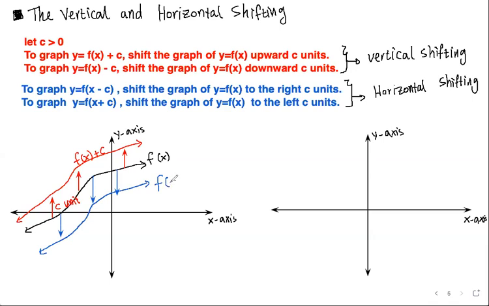So this is f of x minus c. You have to understand the meaning of shifting upward and shifting downward. So here, vertical shifting. Makes sense?